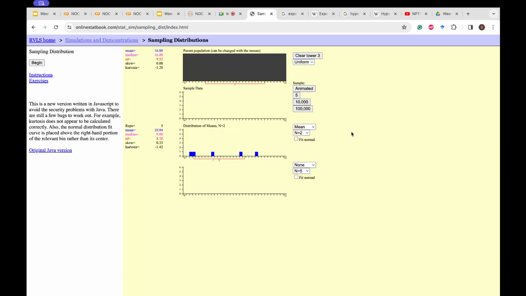Let us take only 5 such samples, and if you see the mean of this, it is 10.94 and the original mean is 16, which is pretty far. And if I take 10,000 samples, you see that the mean is getting closer to the original distribution's mean. So even if your sample size is low, if you take more number of samples, your estimate will be closer.